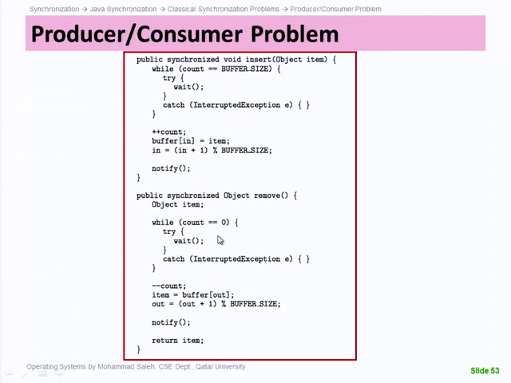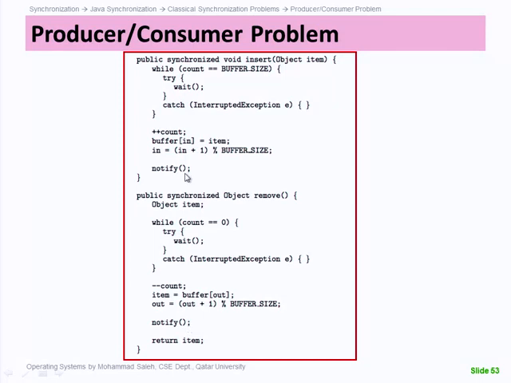So that's why we have the notify here. If you consumed an item, then check. Notify means check in the wait set. If there is any producer waiting, wake up one of them. And the same thing in here.